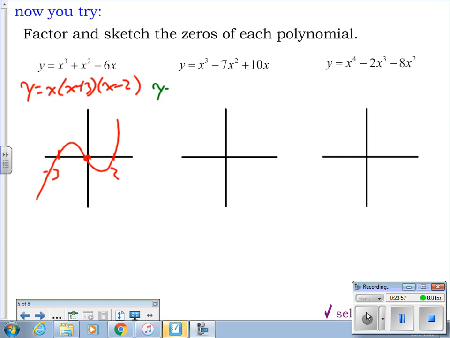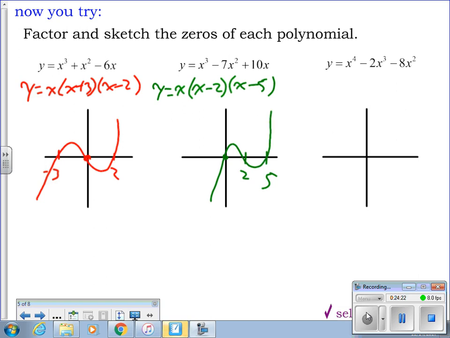Next one, y equals, factor out an x, and then my other factors are x minus 2, x minus 5. Negative 2 times negative 5 gives me 10. Negative 2 plus negative 5 gives me negative 7. So my zeros are 0, 2, and 5. Comes up, goes down, goes up.